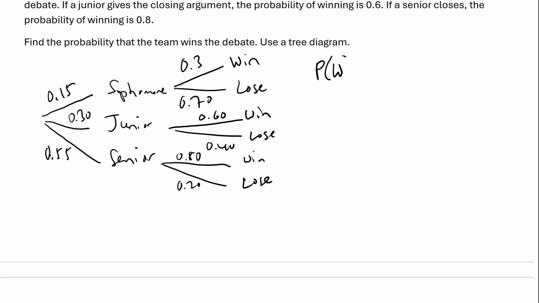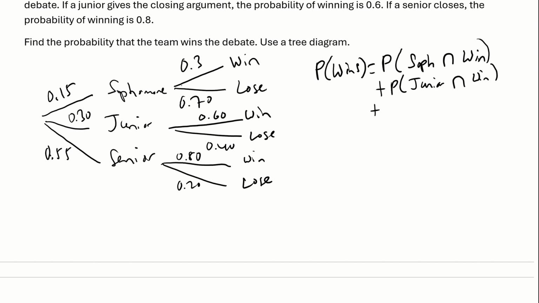Find the probability that they win. Okay, so if they win, that means that they could have sophomore and win, plus the probability of junior and win, or they could have a senior and win, right? So either one of those will allow them to win. So sophomore and win, that's this route right here.